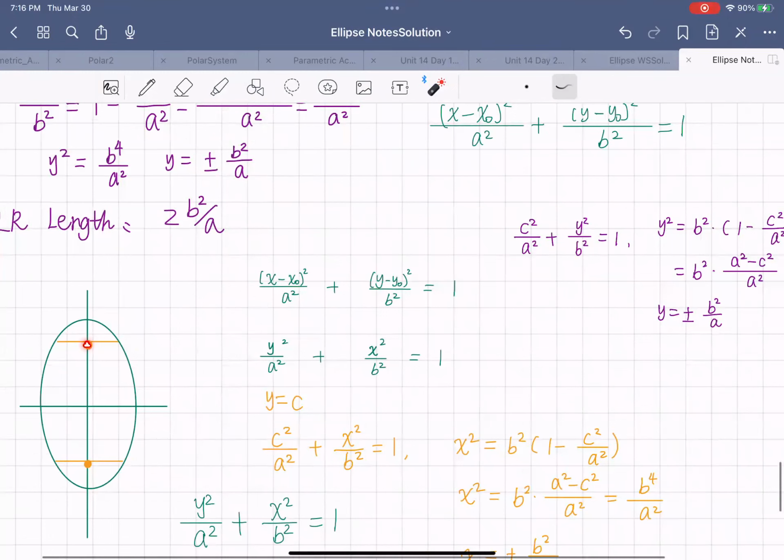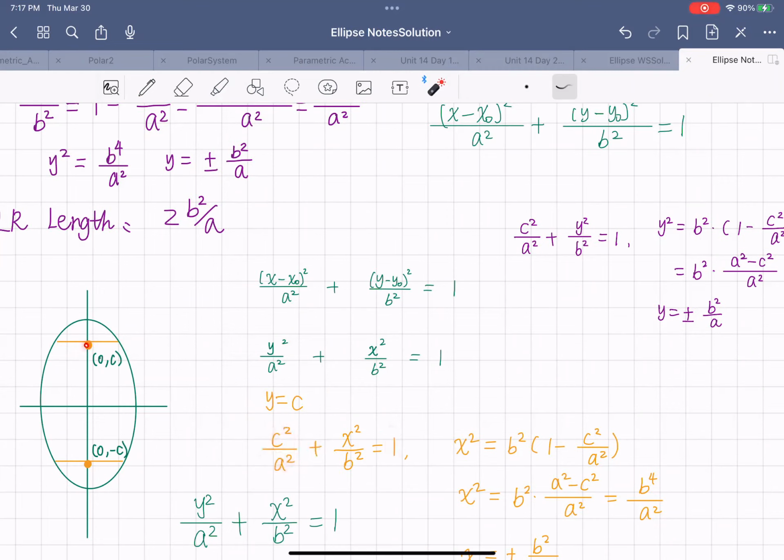Now, the foci are on the y-axis. This is 0, c. This is 0, negative c. Your y this time is c, so you plug in y equals c. So c squared over a squared plus this equals 1, right?